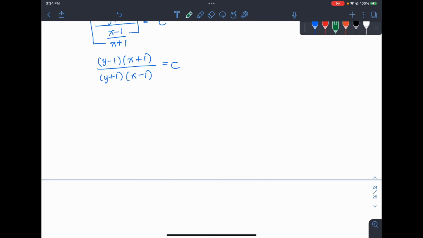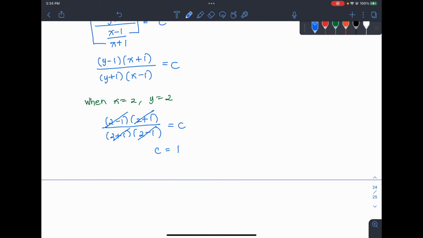And this is another IVP problem, that is when x is 2, y is 2. So we substitute, so 2 minus 1 and 2 plus 1 all over 2 plus 1 over 2 minus 1. Actually, 2 minus 1, 2 minus 1, 2 plus 1, 2 plus 1. So therefore, c is equal to 1.